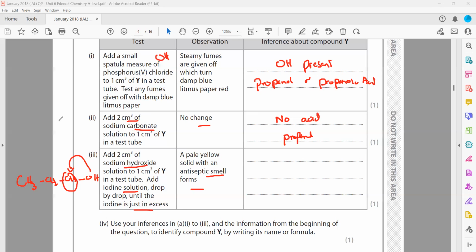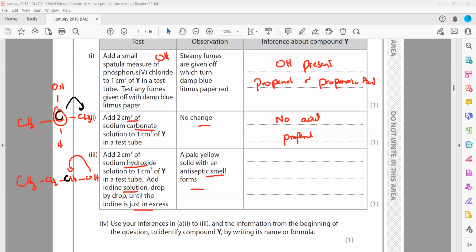The iodine test is positive when the carbon which is attached to OH, or a carbonyl group, has a methyl group next to it. So the carbon which is attached to OH, if next to that was CH3, then it will be a positive result.